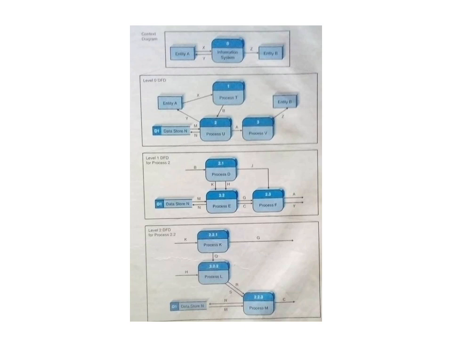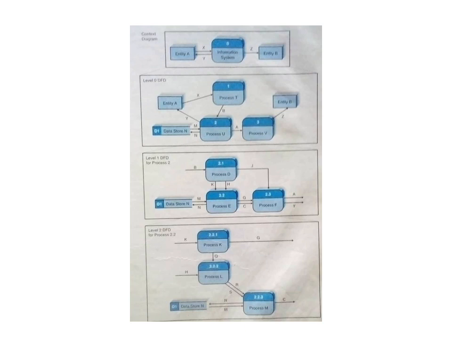The process there is represented with the number 0. If you see a 0 on a process, it shows you that it is a context diagram, and the name usually bears the name of the system being modeled. It shows you the system being modeled, the entities that interact with it, and the data that flows in and out of it.